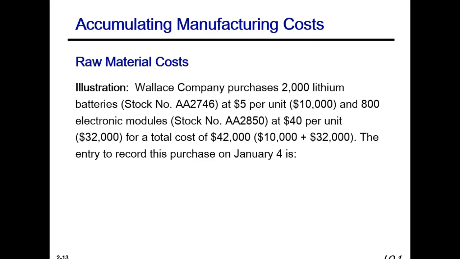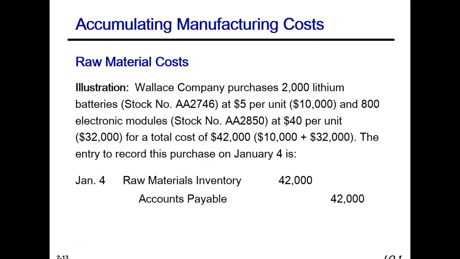We know we want to manufacture something, but we've got to bring in the raw materials before we begin to manufacture them. So the journal entry to record this purchase would be raw materials inventory for $42,000 as a debit because we're increasing an asset, which is inventory, and we credit our liability, accounts payable, for $42,000.